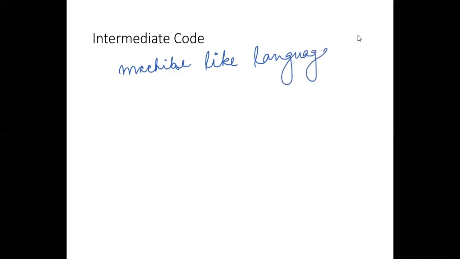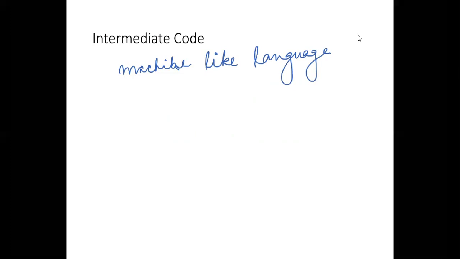Now, in intermediate code generation, the compiler generates a machine-like language. This is not exactly the machine code, but it is machine-like. It uses a machine-like language to represent the program.